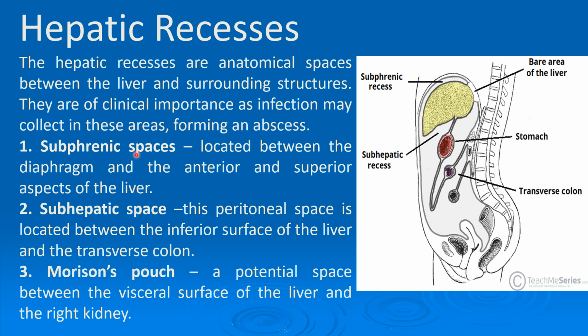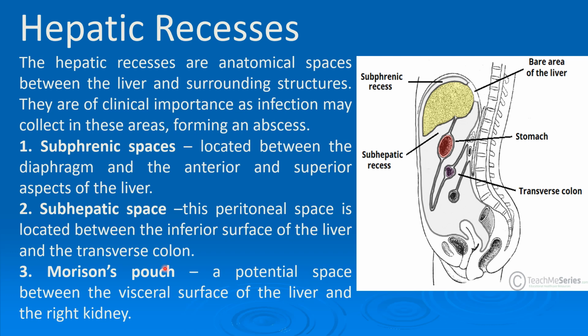Subphrenic space: sub means below, phrenic means diaphragm. That means it is located between the diaphragm and the anterior superior aspect of the liver, below the diaphragm, above the liver. Subhepatic space is located between the inferior surface of the liver and the transverse colon, under the liver, above the transverse colon.